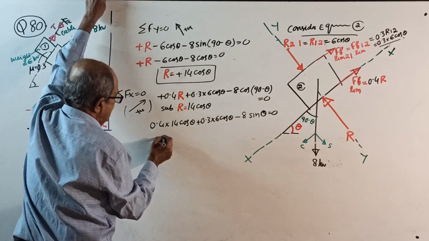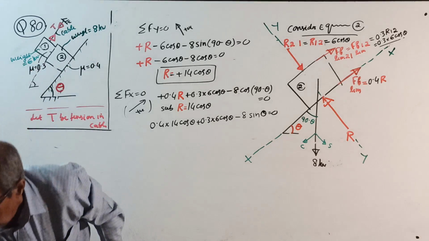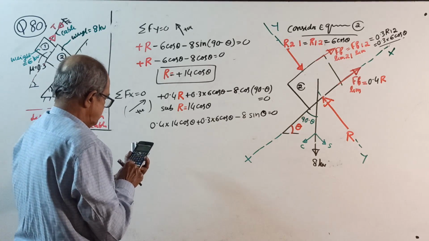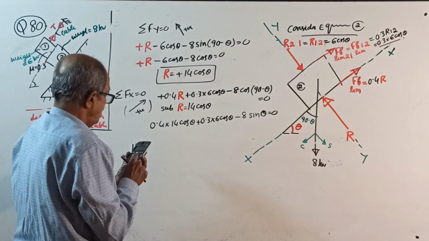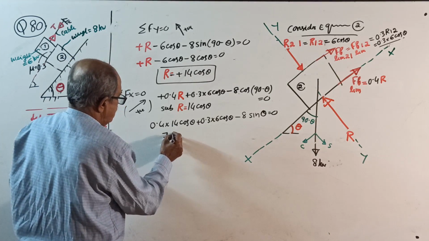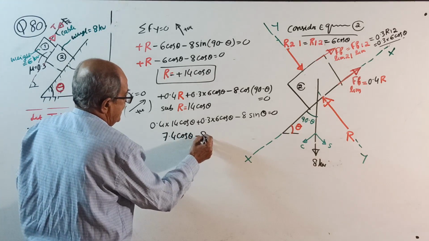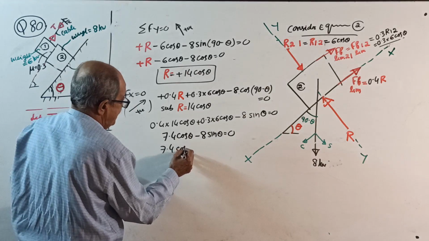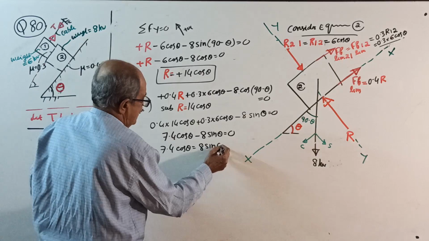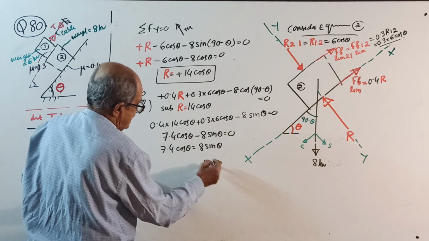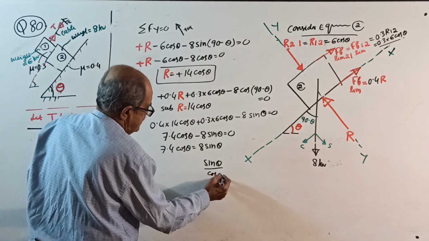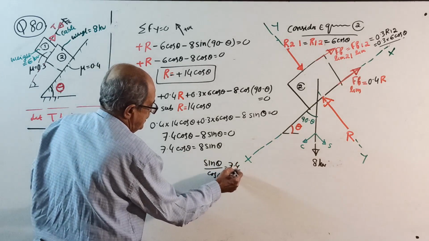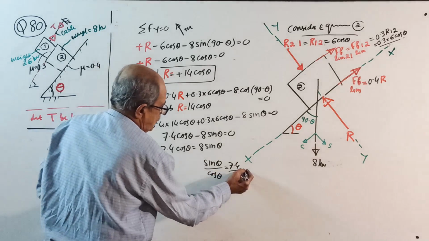Or you get 0.4 into 14 plus 0.3 into 6, which is 7.4 cos theta minus 8 sin theta equal to 0, or 7.4 cos theta equal to 8 sin theta, or sin theta by cos theta equal to 7.4 divided by 8, which is tan theta.